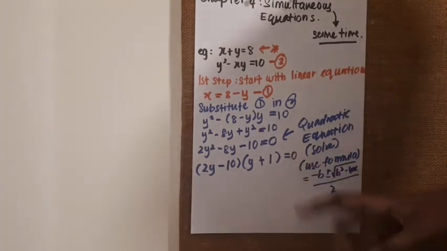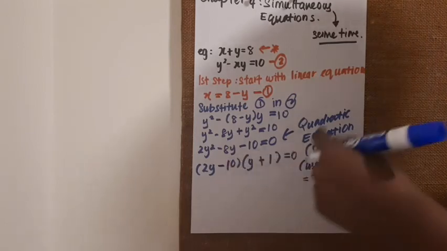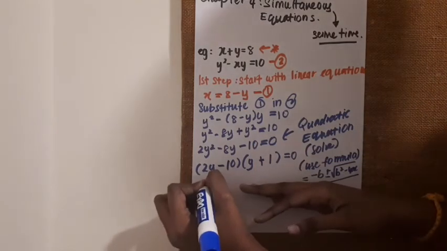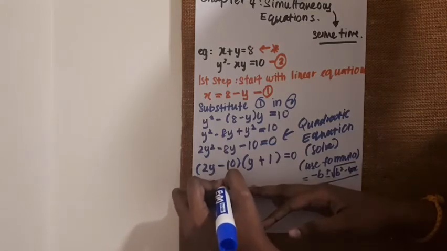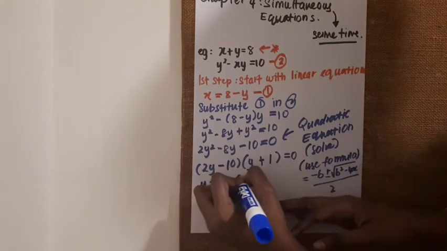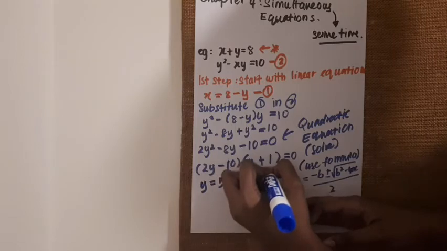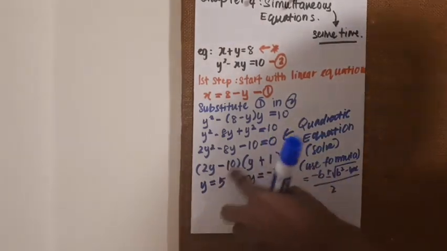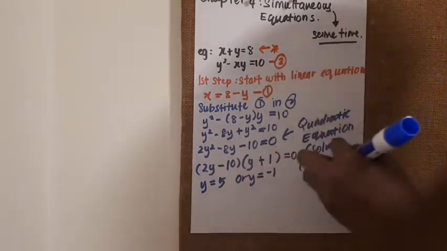Then you will get two values. You can substitute that to get the roots of y. So y is simply 5, or y is equal to negative 1, when you solve each one individually.